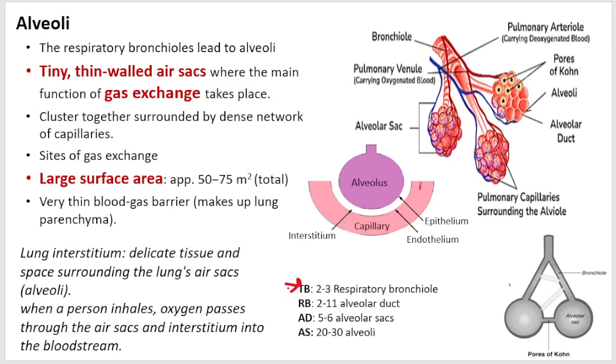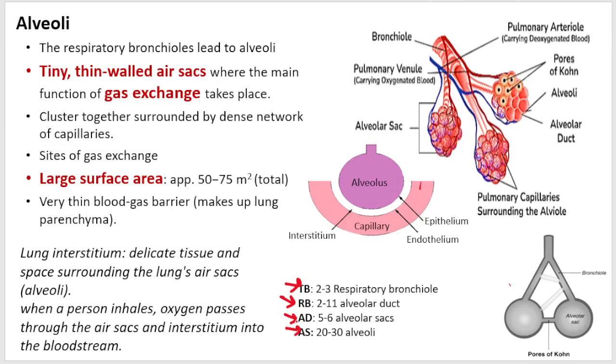Each respiratory bronchiole further splits into 2 to 11 alveolar ducts, and at the end of each alveolar duct lie 5 to 6 alveolar sacs. Each sac contains 20 to 30 alveoli.